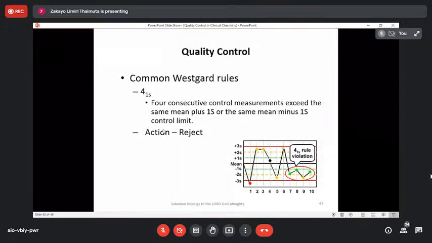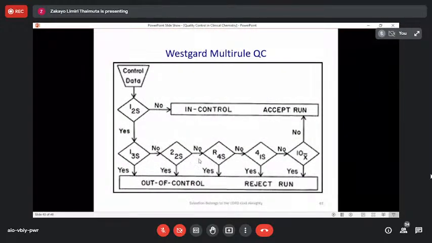For 4 1S, you have 4 controls and they are all exceeding 1 standard deviation. Then you reject the results. Okay, this is a summary of the Westinghouse rules.